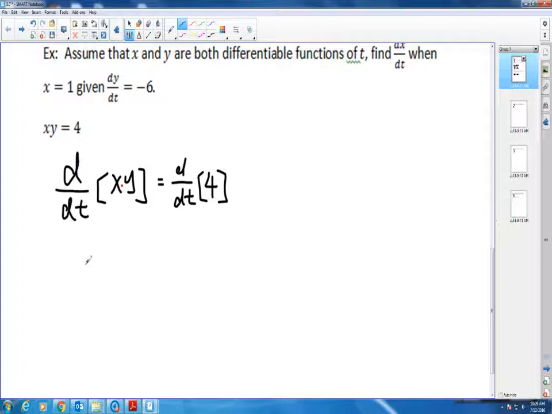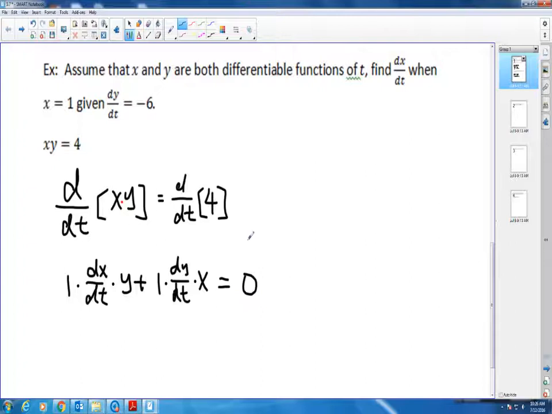The derivative of x will be 1 times dx/dt, times the second, which is y, plus the derivative of the second with respect to time, which will be 1 times dy/dt, times the first, using the product rule. This equals, on this side, 0.